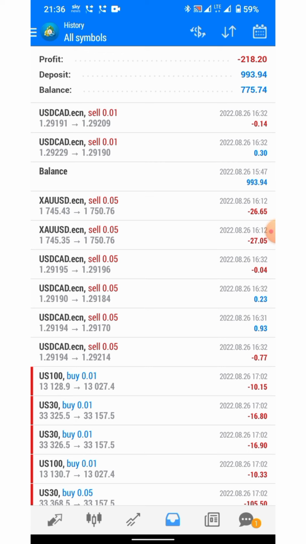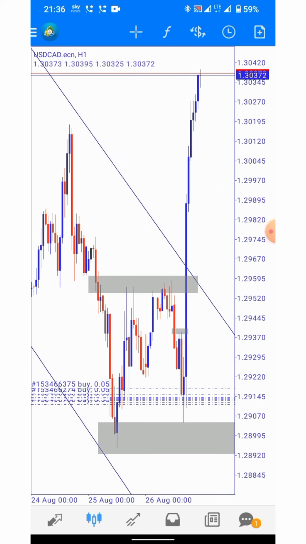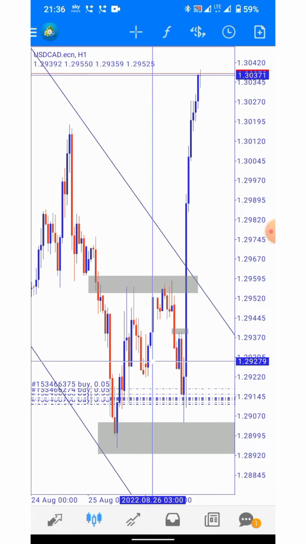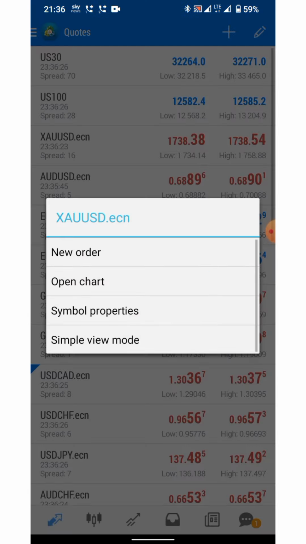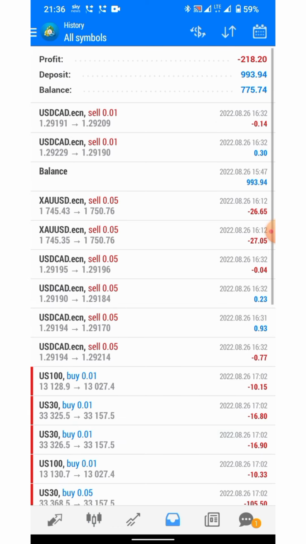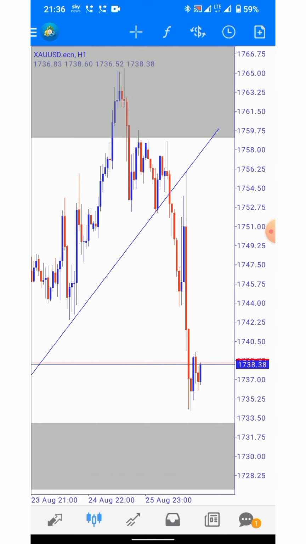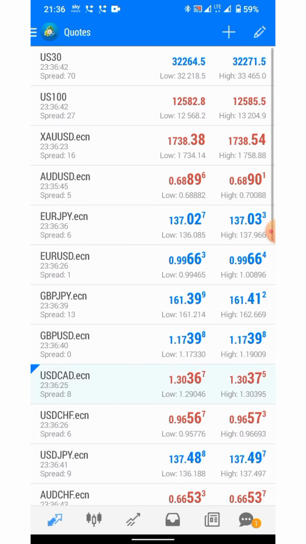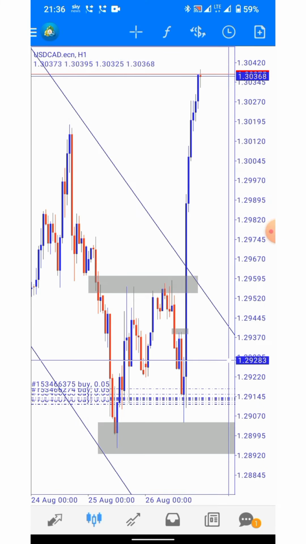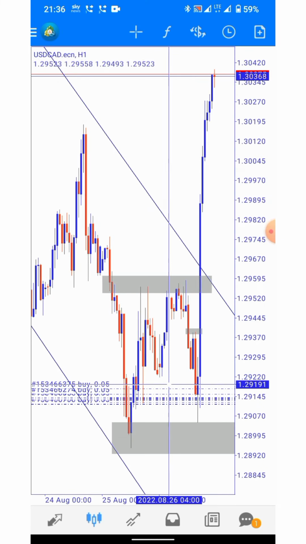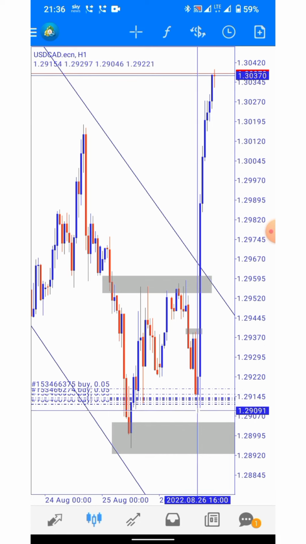So I took a look at my analysis once again, and I felt I had more confirmation on my USD CAD than on my gold. So I ended up closing my gold on losses, as you can see, while I left my USD CAD sell on profit. Price had already gone down a little bit, so I was actually on profit.